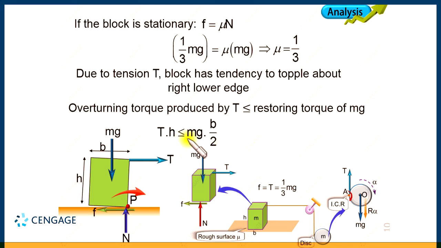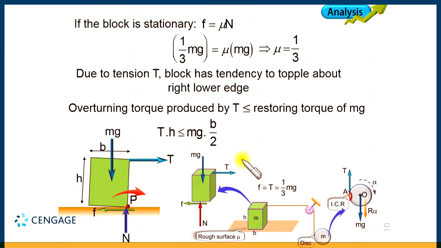We can rearrange here. We can write this b value, and we got the value of T, which we have calculated here as mg divided by 3. So we can substitute the value, T is equal to mg divided by 3. Finally, the value of b will come out as 2h divided by 3. And we know the value of small h was 15 centimeter.